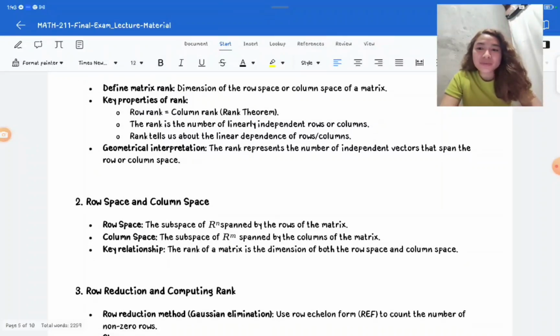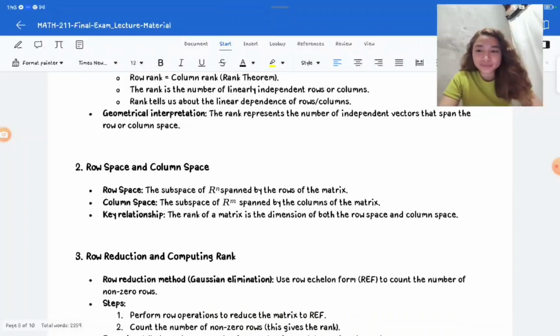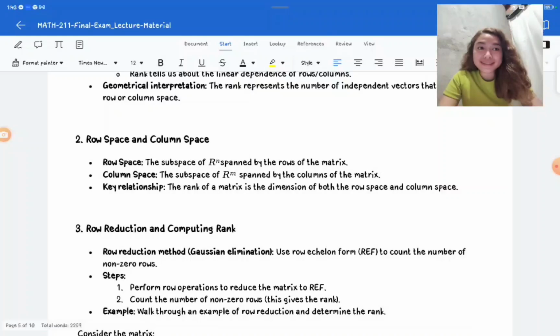And what is the geometrical interpretation? The rank represents the number of independent vectors that span the row or column space. Next, let us define row space and column space.